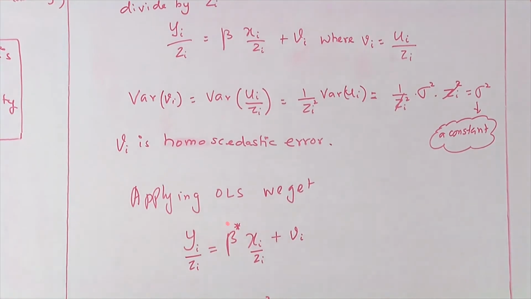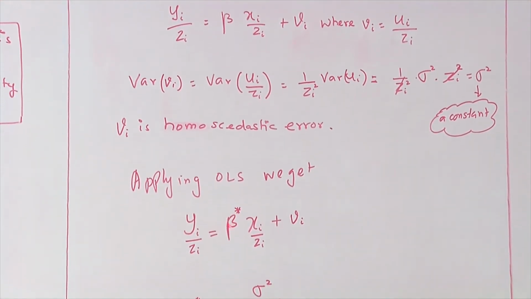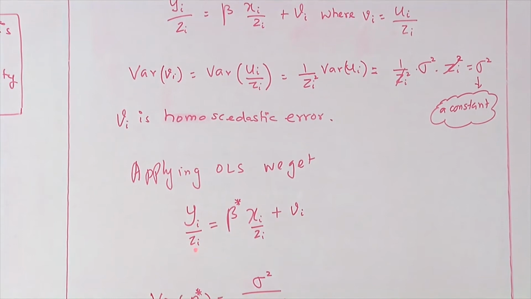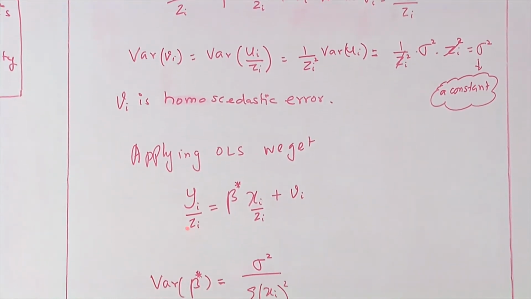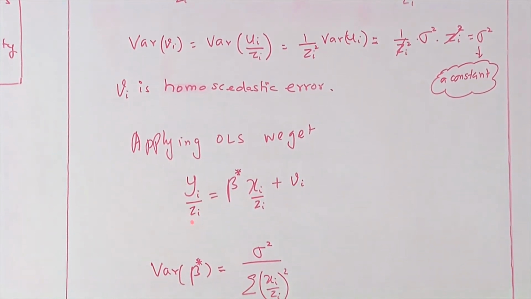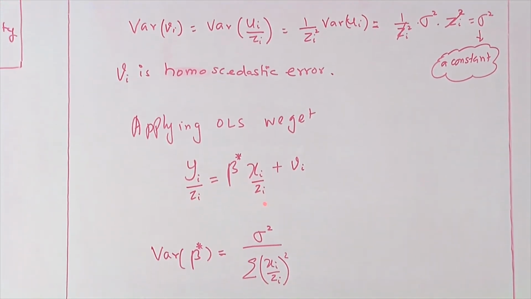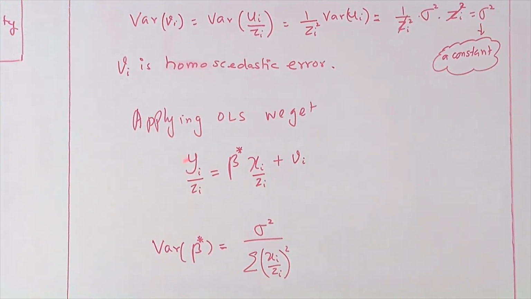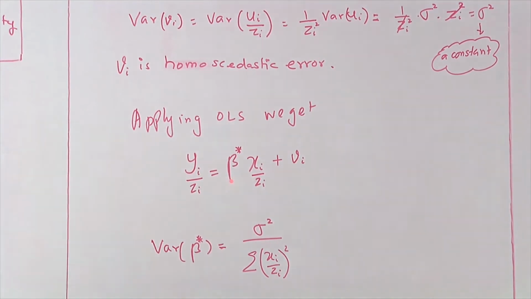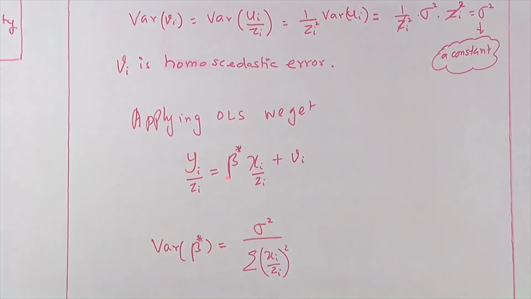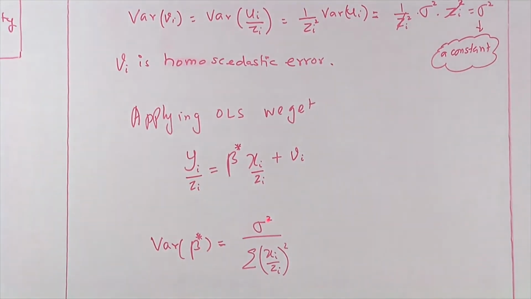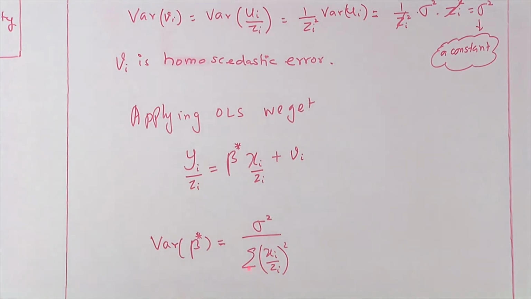So, beta star is an efficient estimator. If you run the OLS of yi by zi on xi by zi, your beta star is a regular estimator. So, variance of beta star is equal to sigma square divided by sigma xi by zi whole square.